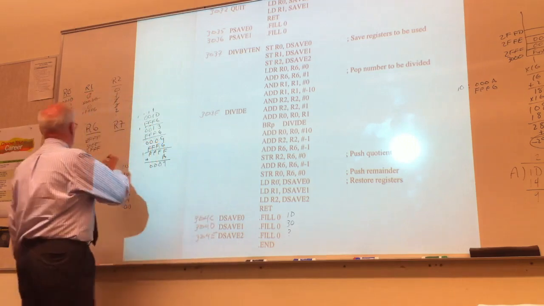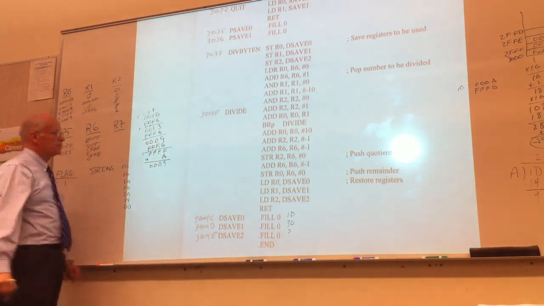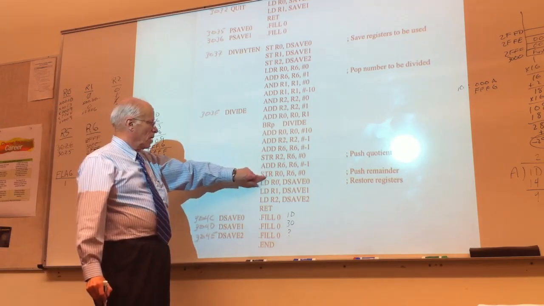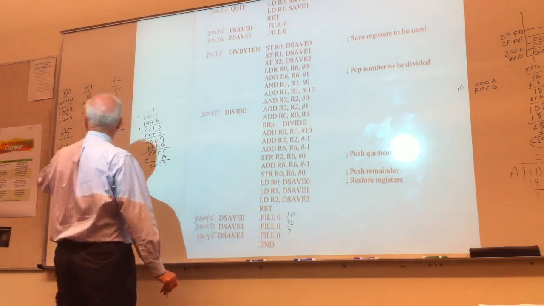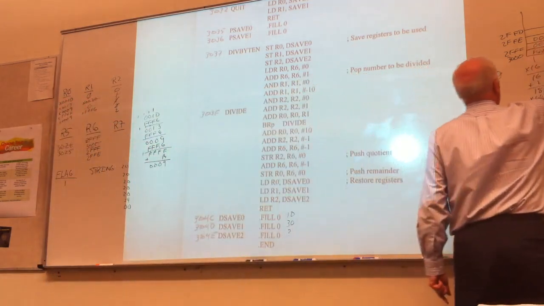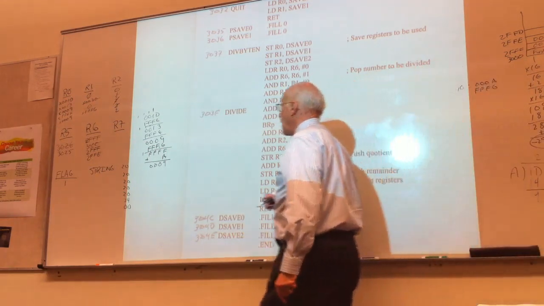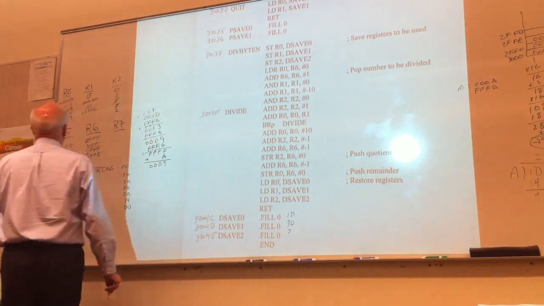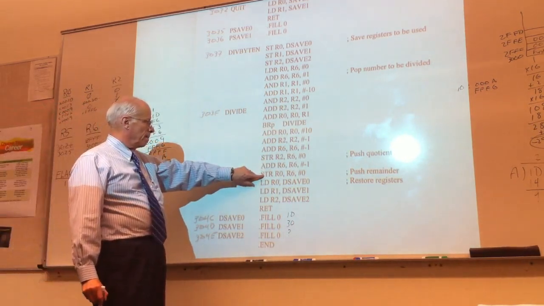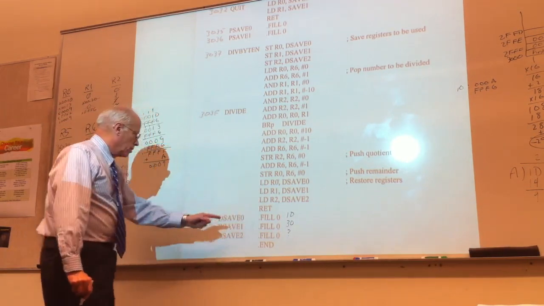Subtract 1 again from register 6 gets us to 2FFE. And now I store register 0 out there. That's a 9. Now I get a 9 in here. Okay, now I get these registers back the way they were.